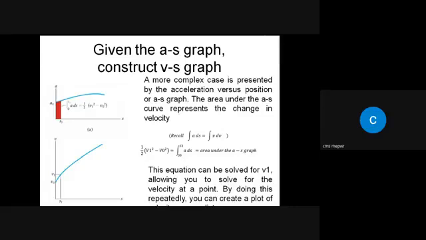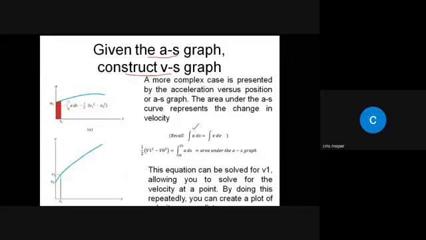Okay, so now let's consider another case. If you are having an AS diagram, meaning acceleration versus displacement, we can construct the VS diagram from this one. So if you recall this equation, now if you are having acceleration, it can be rewritten as a is equal to dv by dt.